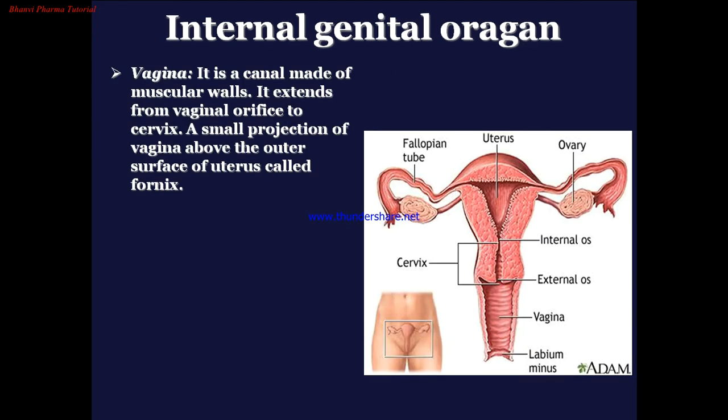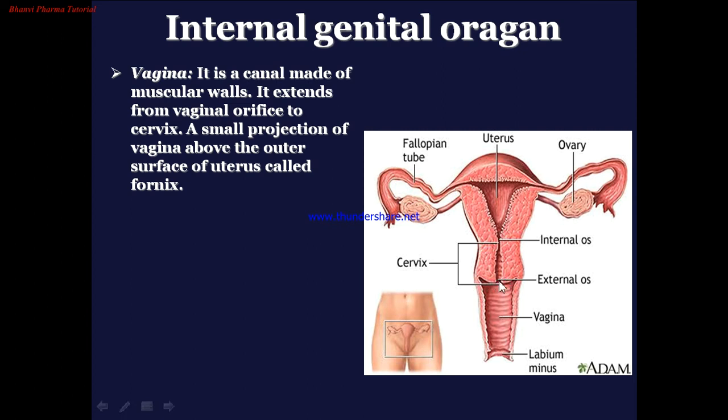Next, we will go to the internal genital organs. The first one is the vagina. This is the vaginal cavity. The vagina is a canal made up of a muscular wall. It extends from the vaginal orifice to the cervix.